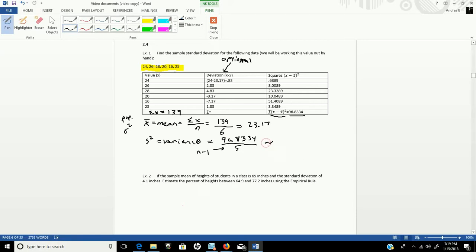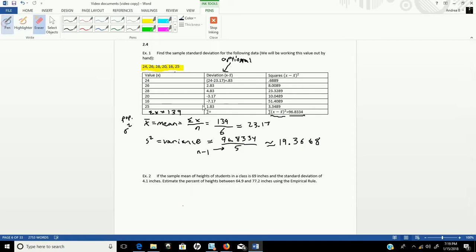So then if we do that sum that we had there, divided by 5, we get about 19.36668. For some reason, some of those 6's didn't turn out quite right.